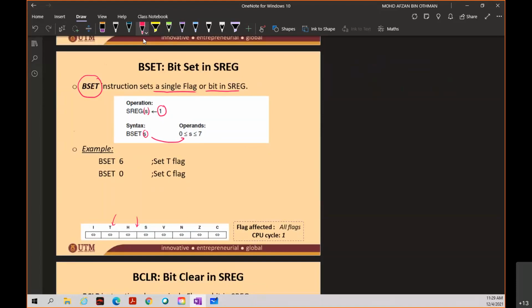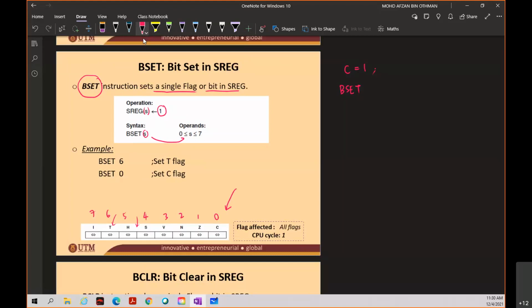For example, you are going to set your C so that your C equals 1. So how to make your C equal to 1? You can use the bit set. By referring to the status register, below here is your status register, you need to identify your C flag is at what bit. So you put it as 0, 1, 2, 3, 4, 5, 6, and 7.